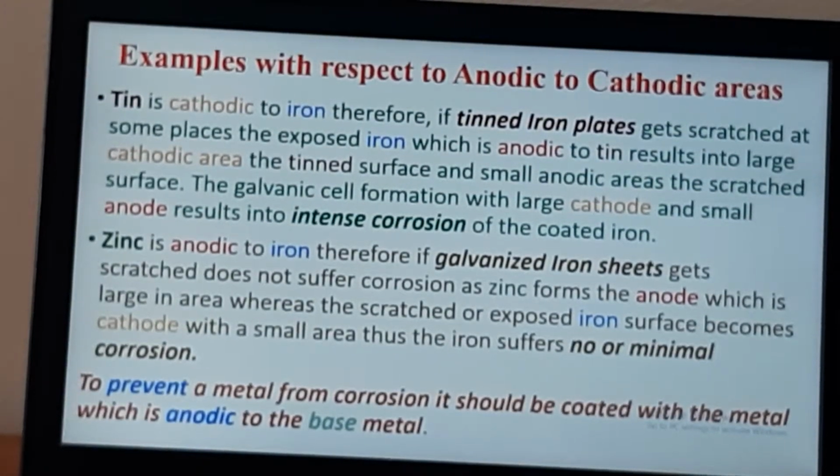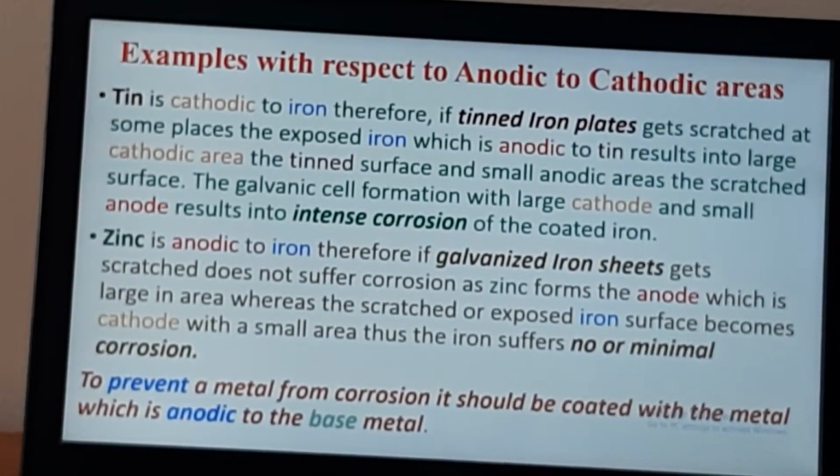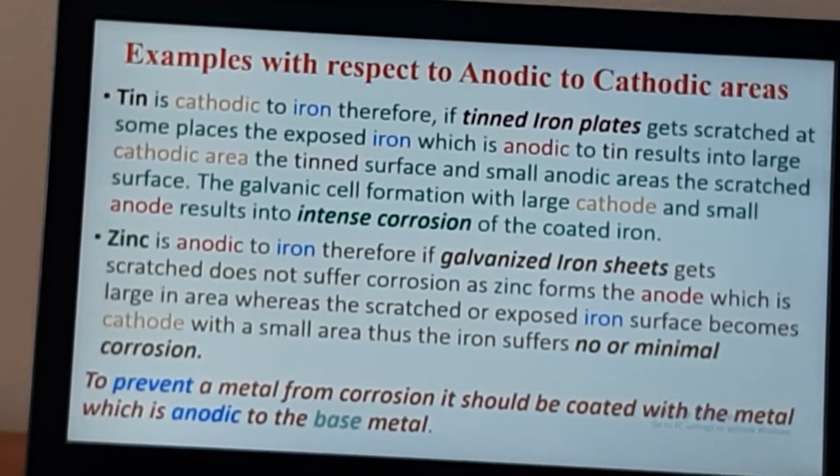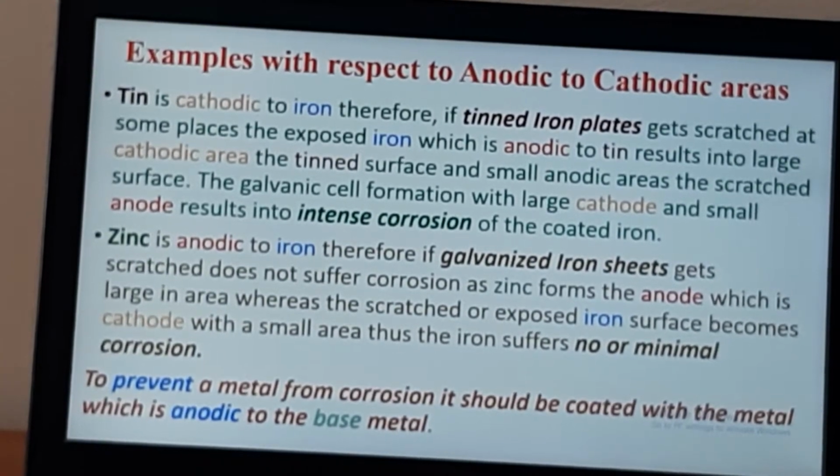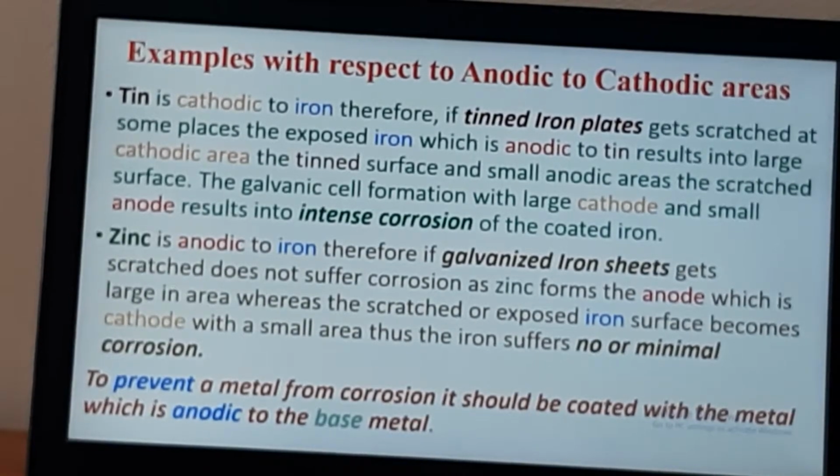To explain the anodic and cathodic areas, let us take the example of tinned iron plates and galvanized sheets. Tin is cathodic to iron.